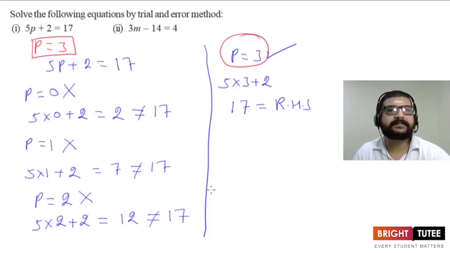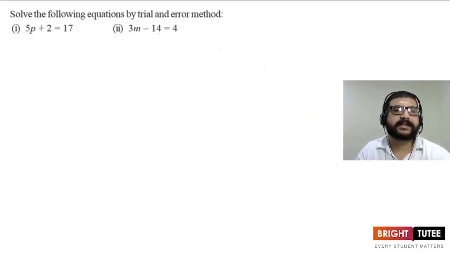Now let's try the same thing for the second equation. So the equation here is 3m minus 14 is equal to 4. Now what value should we take for m? Should we start from 0 again? If we take 0, we will get 3 into 0 minus 14, which is minus 14. It is far away from 4.